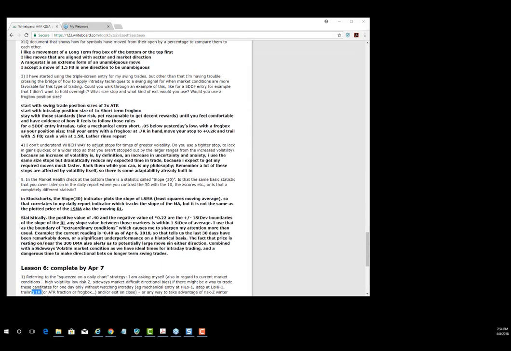Now, what I would say is this little piece from lesson 5, this little rule set in here that talks about managing the intraday trades. Take a mechanical entry short, 5 cents below yesterday's low. Use a frog box for position sizing.